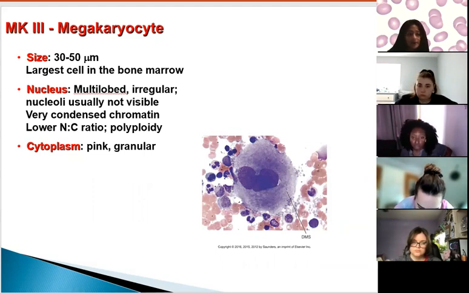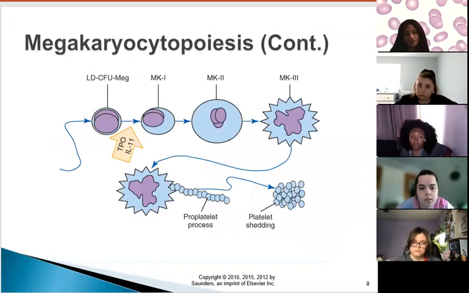All right. So megakaryocytes are in fact so big that you can recognize them. If you're looking at a bone marrow, you can see which ones are the megakaryocytes because they are so large. Okay, and this is just a chart from your book depicting the process of megakaryopoiesis.